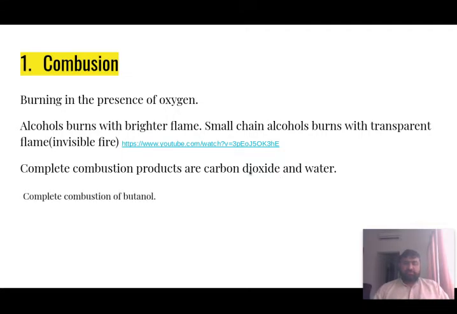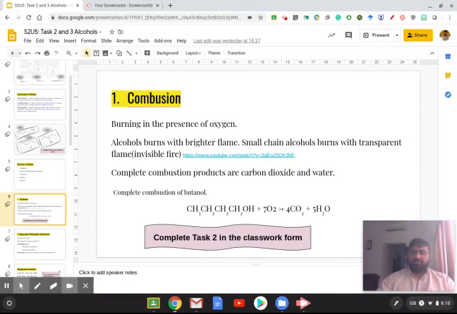complete combustion of butanol. Butanol is CH3CH2CH2CH2OH.